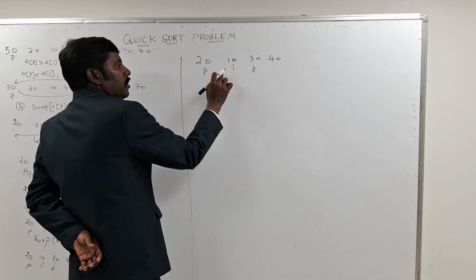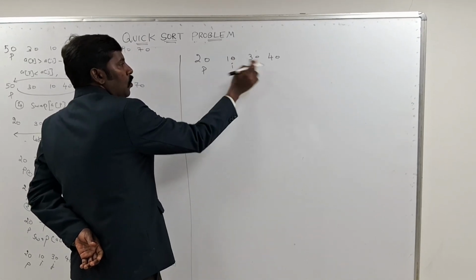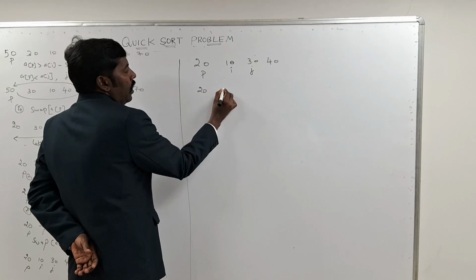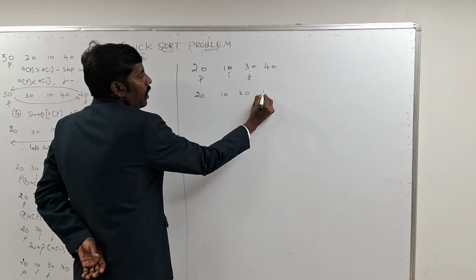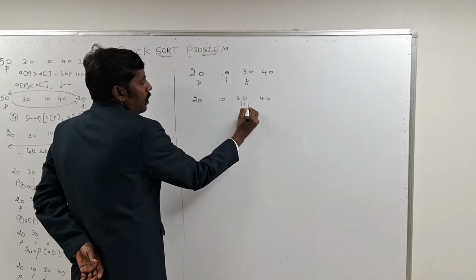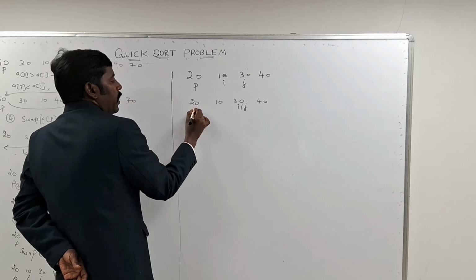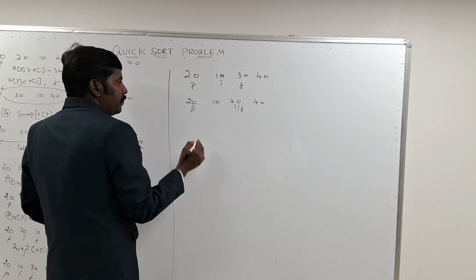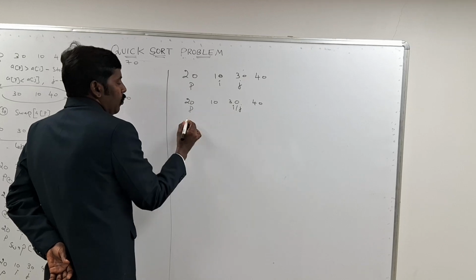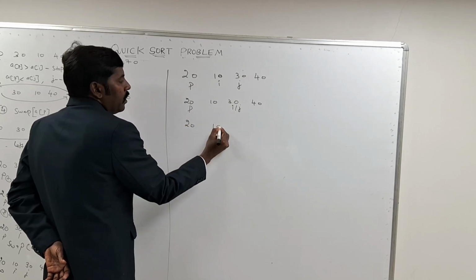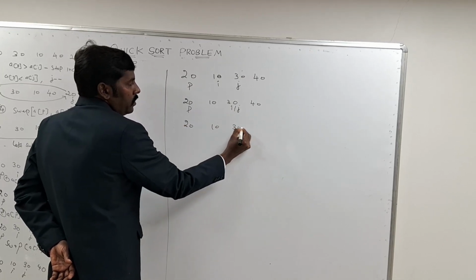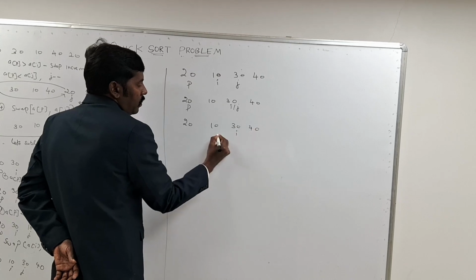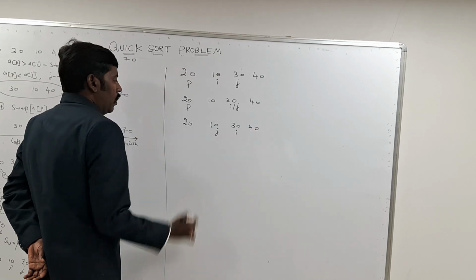So comparing the pivot, the I value is lesser, I value moves to 30. Now comparing pivot, I is greater, stop the I increment, then check the J. J is greater than pivot, J now decrements by 1.